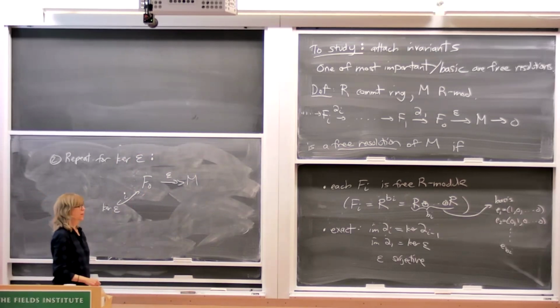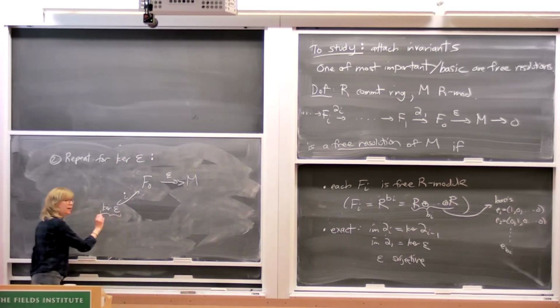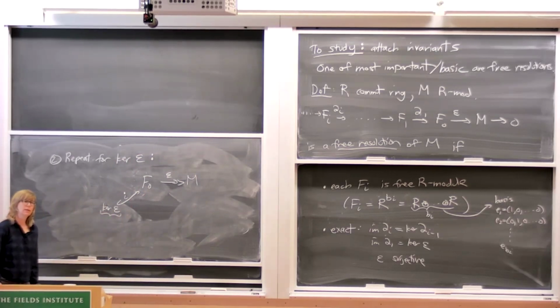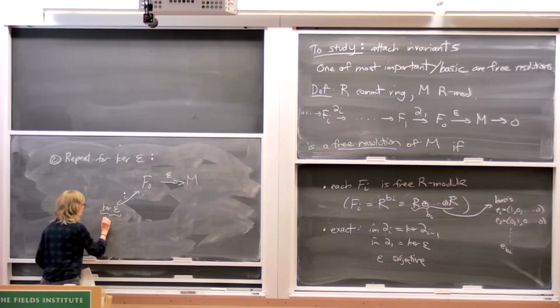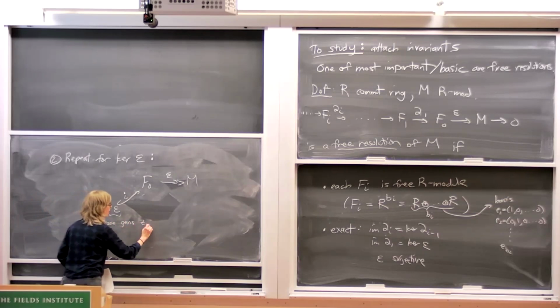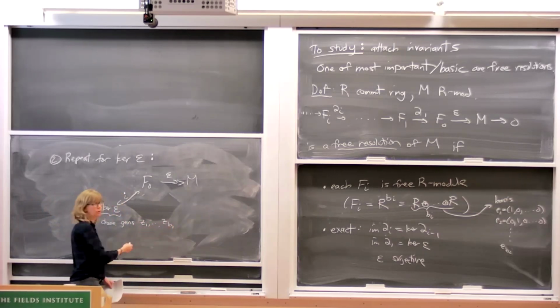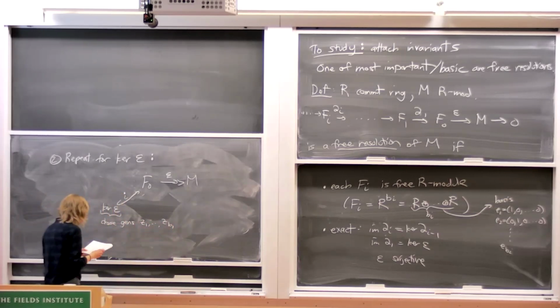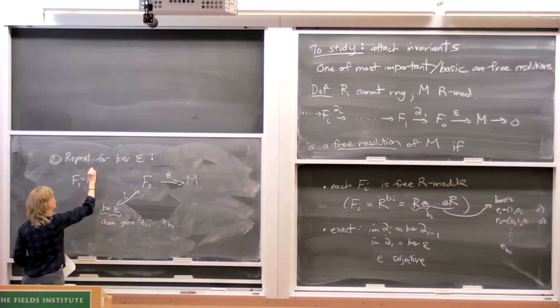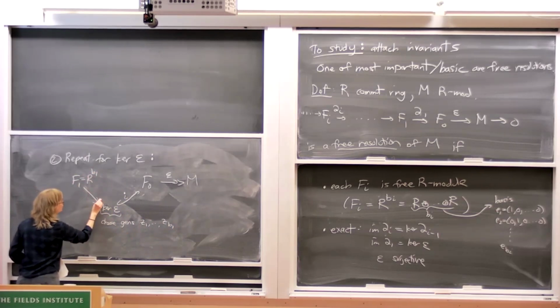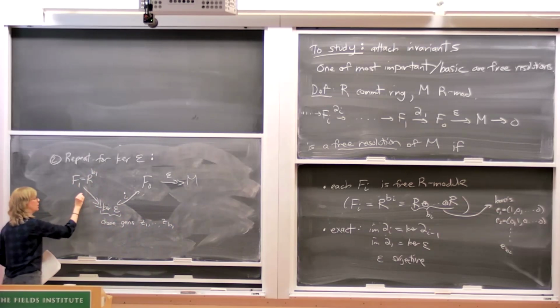And how am I going to hit this guy? Pick a set of generators. Let's call them Z1 up to ZB1, or infinite, whatever. And then take a free module F1, which is really R to the B1, and map it onto this kernel. Let's call this map pi.